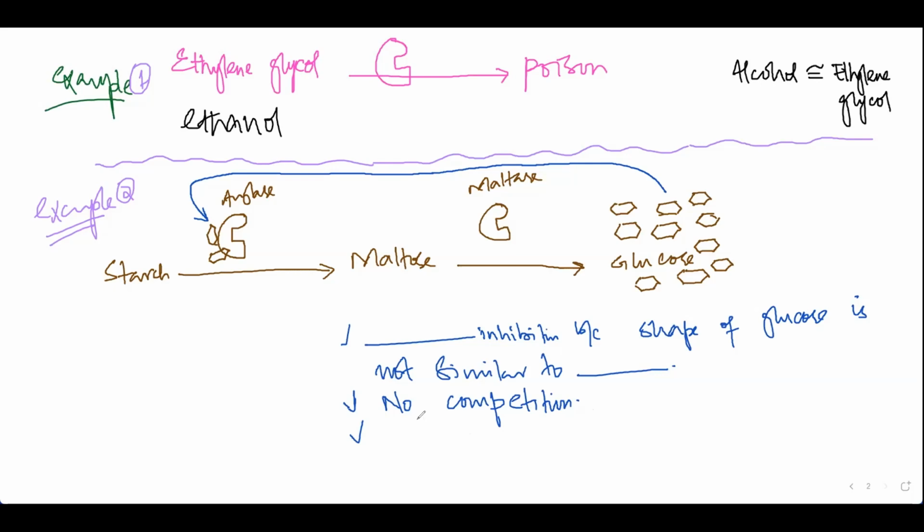So there's no competition. Enzyme will work only if glucose leaves it. So can Vmax be achieved or not? Sabha, Vmax, velocity, rate. Can Vmax be achieved or not?